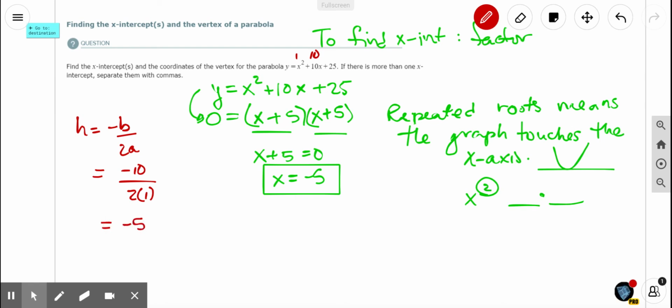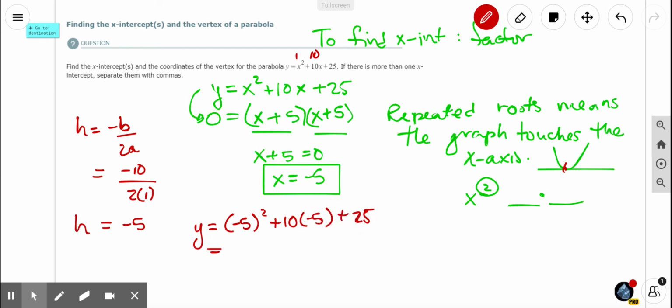Oh, look at that, it's the same value, because that is the intercept and that is the vertex right here. So it happens to be both. You could plug it back in and you're going to get 0. If you don't know that, here you go. y equals -5 squared plus 10 times negative 5 plus 25.